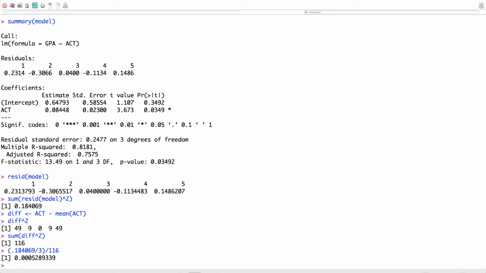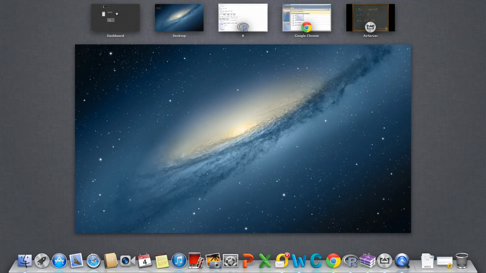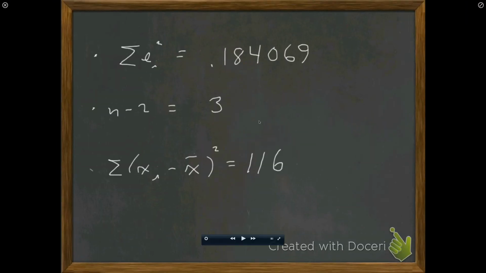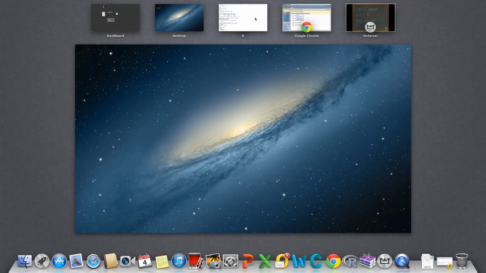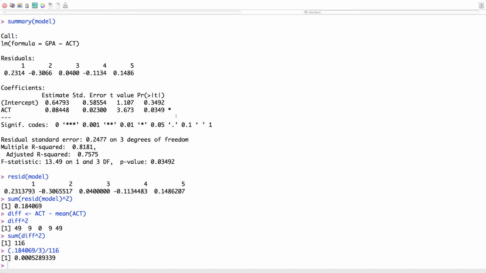So what's going on here? Our sum of our errors squared, well, this is always fun. So let's do our residuals again.